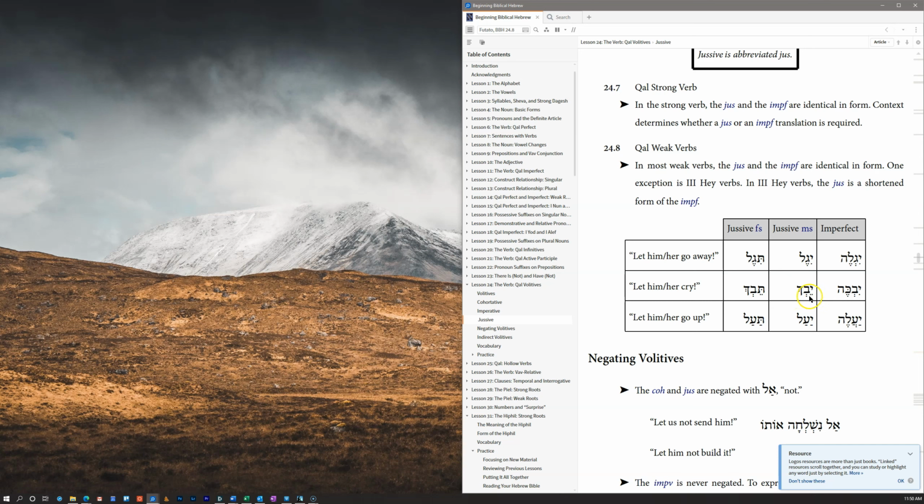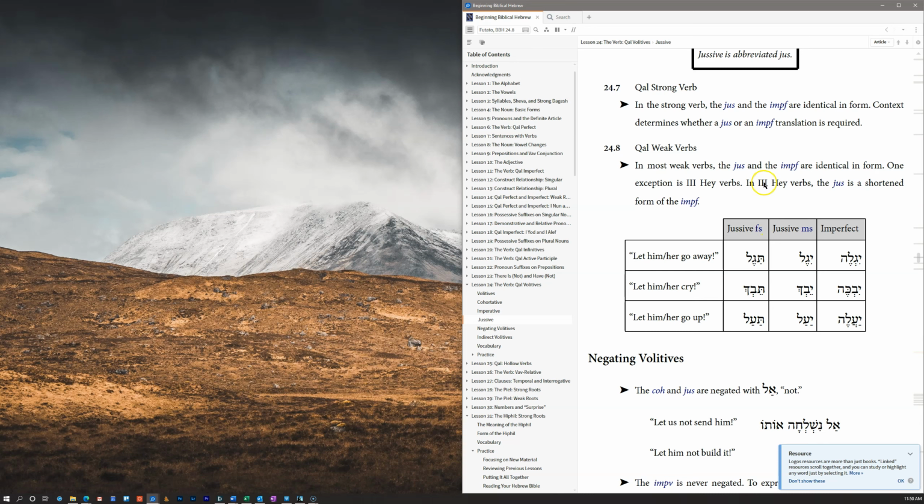And as a result, emphasis gets kind of pulled toward the front, so we have to lengthen this syllable here. But the idea is it's shortened. The final Hey has dropped off altogether. When the jussive looks different from the imperfect, it's because the jussive is a shortened form.